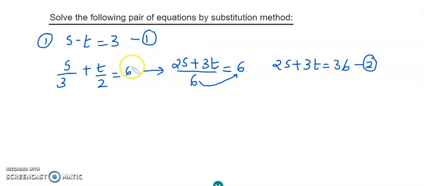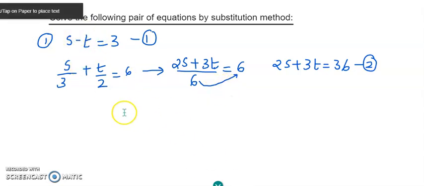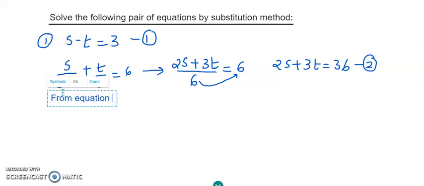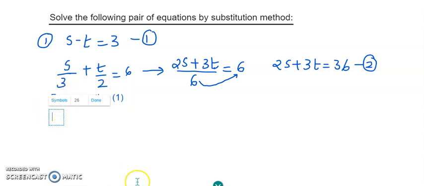Now, in substitution we always prefer the variable with the lowest coefficient, so I'm going to work on equation 1. From equation 1, s minus t is equal to 3.